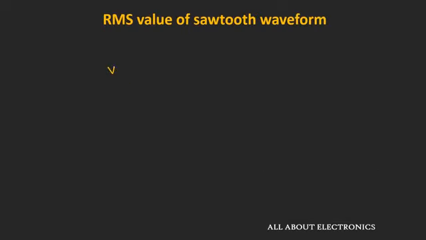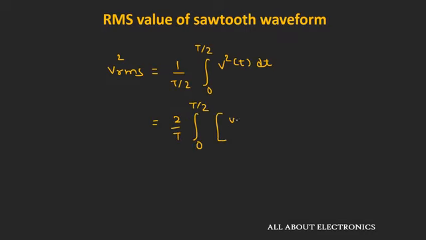So the RMS value, or Vrms square, can be written as 1 by T/2 integration 0 to T/2 v square of t dt. If we put the value of v of t, then this expression becomes 2 by T integration 0 to T/2 of Vm minus 2Vm by T times t, whole square, times dt.